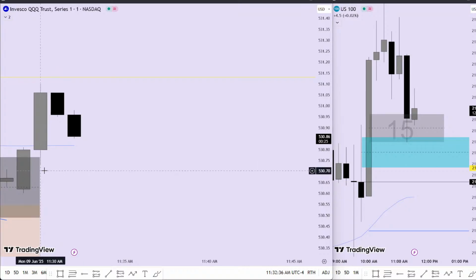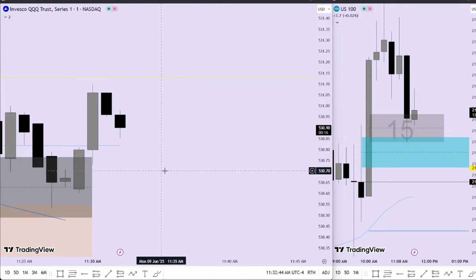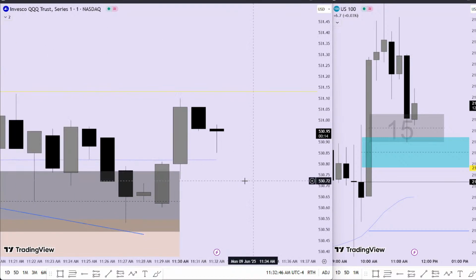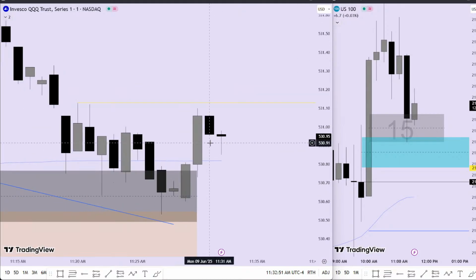So we're going to retest this point probably before going up, or we are going to retest this high before going down. That's a general statement, but it's a good way to think about it.